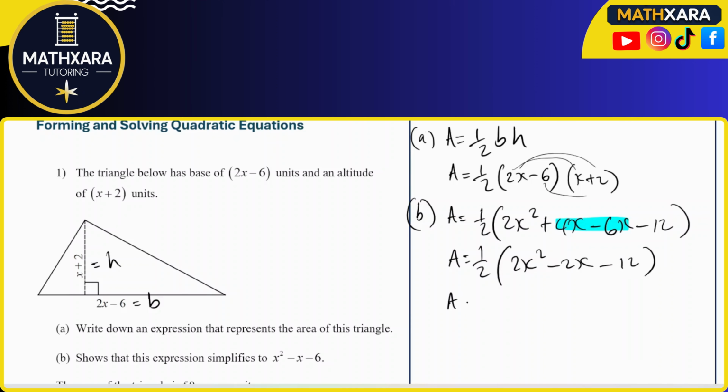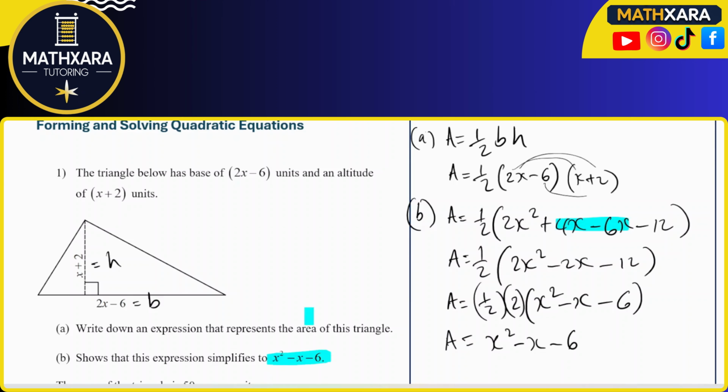Now we could simply factor out a 2 from each of these terms, which would be 1/2. 2 comes out, and we're left with x squared minus x minus 6. Now 1/2 will cancel the 2 because a half of 2 is 1, and we're left with x squared minus x minus 6, which is what we were actually asked to show for part B.